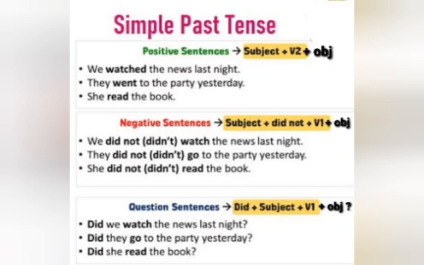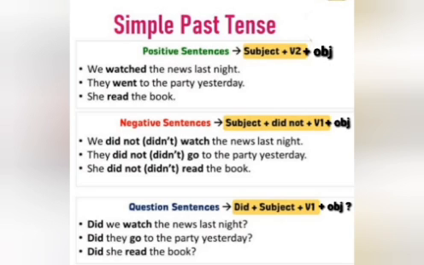Take the other example. They went to the party yesterday. So they is the subject, went is the second form of the verb, to the party is the object, and yesterday again defines that specific point of time.